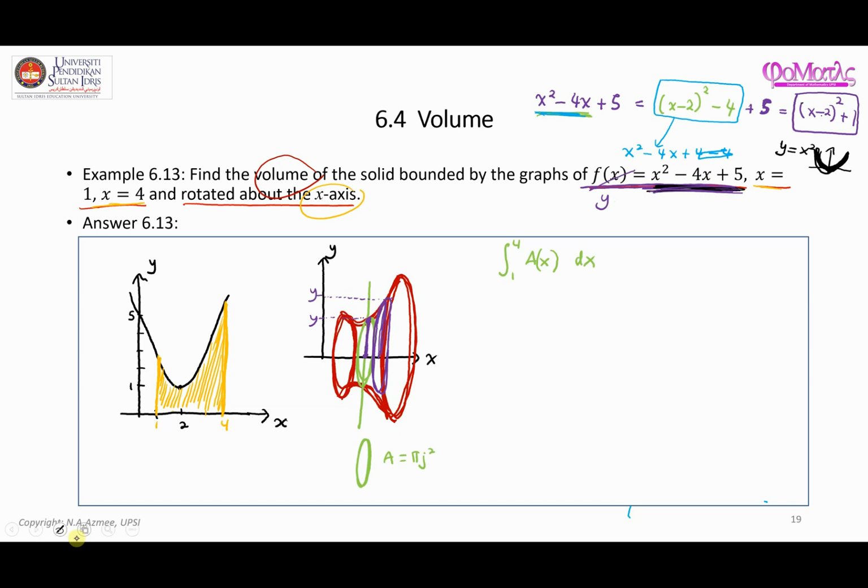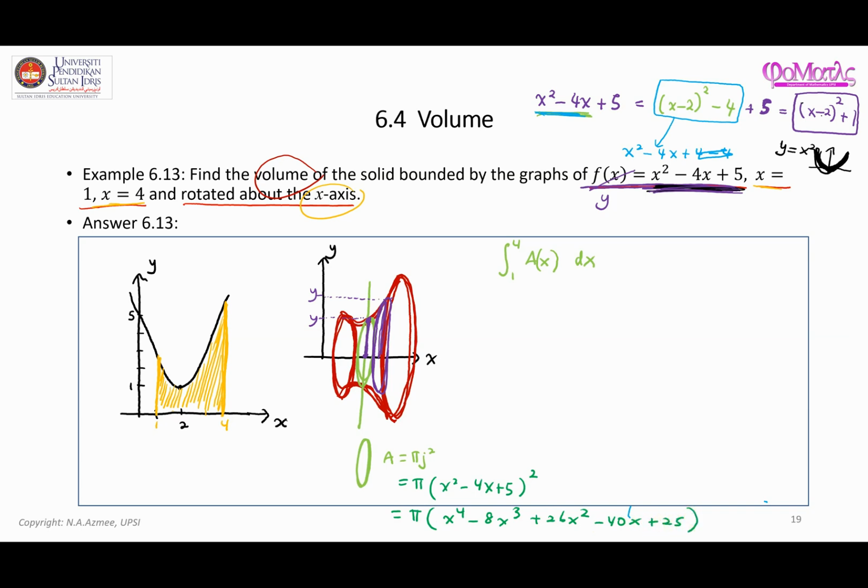Therefore our area is pi times (x squared minus 4x plus 5) squared, and this gives you pi times (x to the power of 4 minus 8x cubed plus 26x squared minus 40x plus 25).